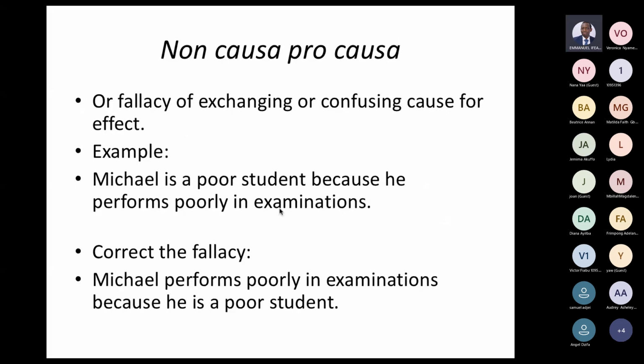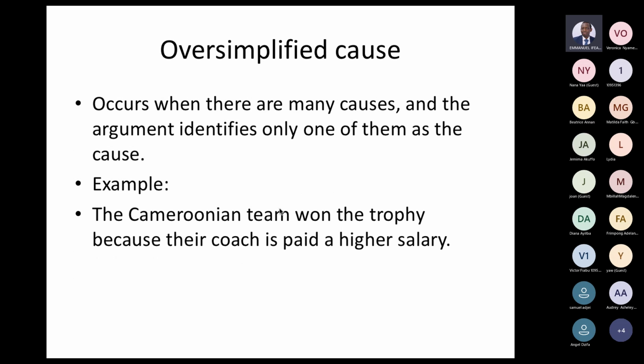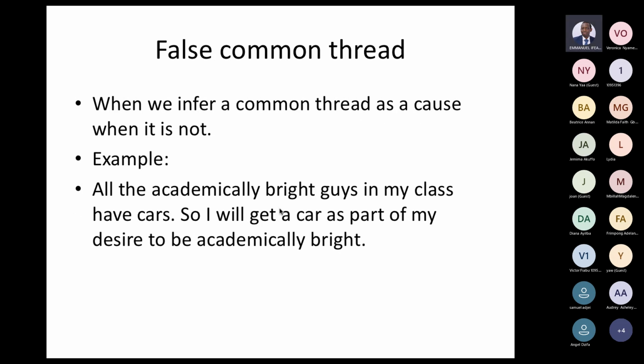Then non causa pro causa, when you exchange a cause for an effect. Oversimplified cause is when you identify one cause, when there are many causes, and then you say that only one of them is the cause. And then false common thread is to identify a common thread that is not really the cause.